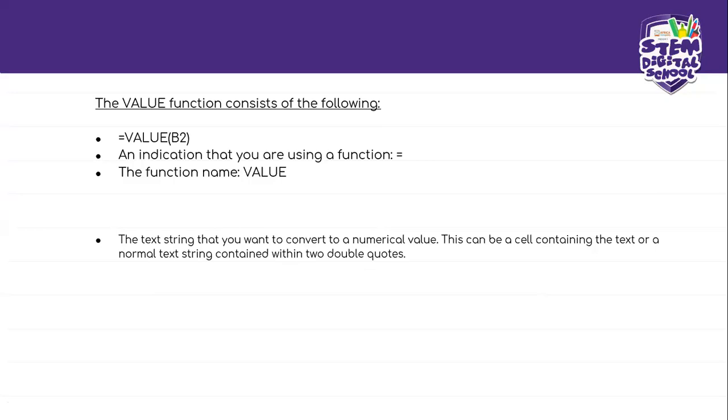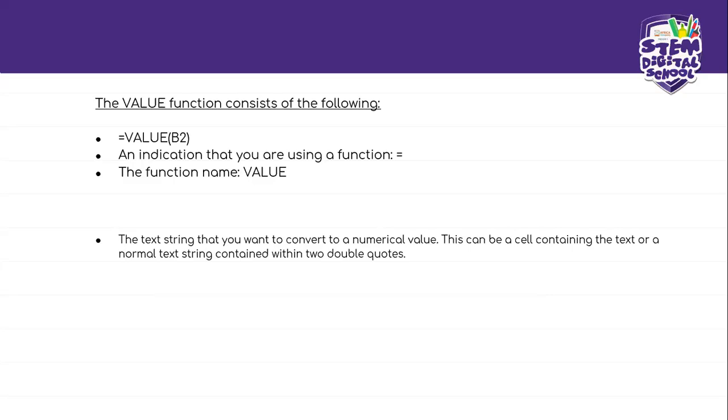This function consists of the following. One, the equal sign, obviously, to show that you are using a function. So there must be an indication that you are going to use a function. So equals, then value. Value is the name of the function. Then the text string that you want to convert to a numerical value.